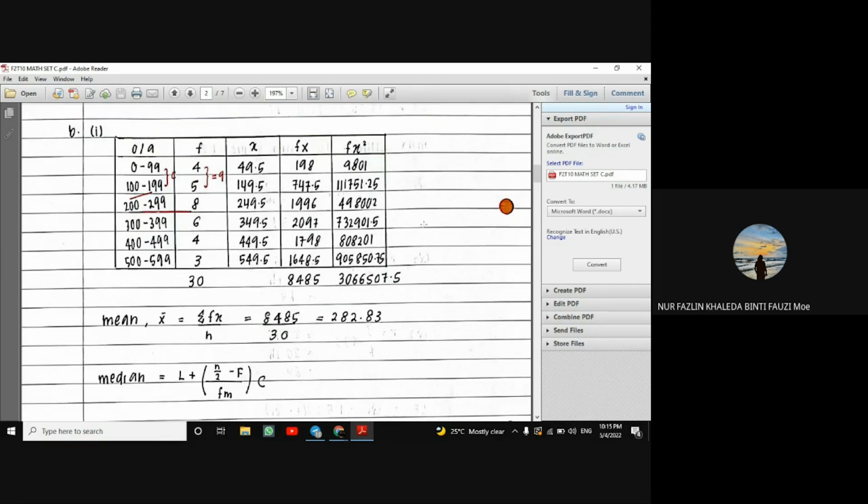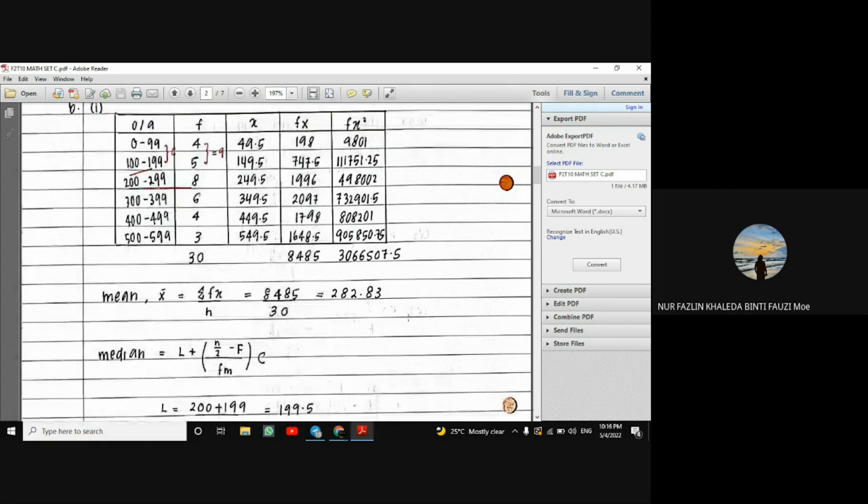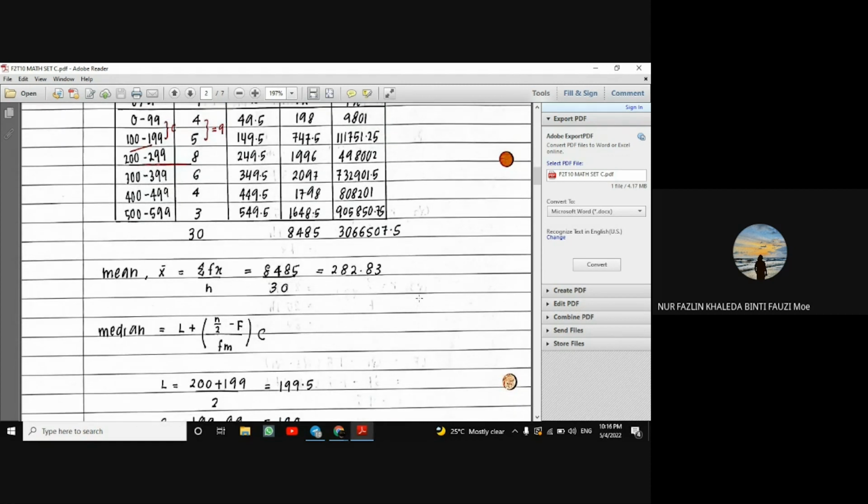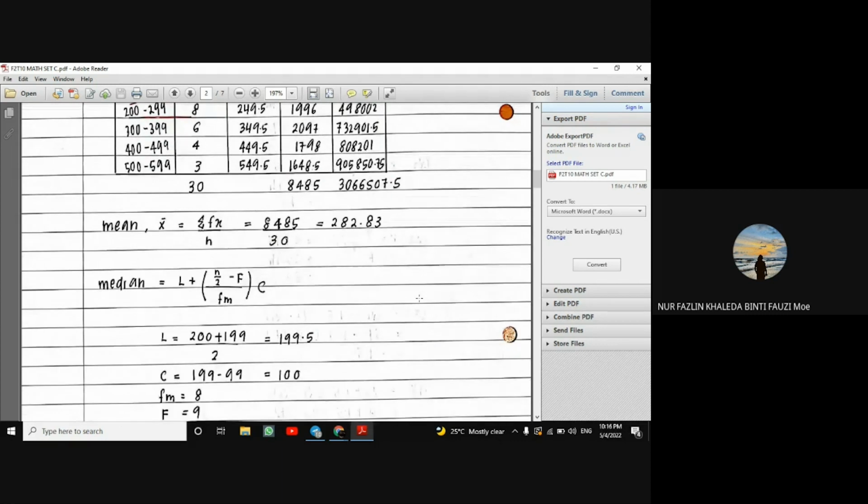After that, we move to the median. Since this is grouped data, we need to find the median class first. So, we need to divide 30 by 2. According to the cumulative frequency, the median class is between 200 and 299. Then we can calculate the median with this formula.